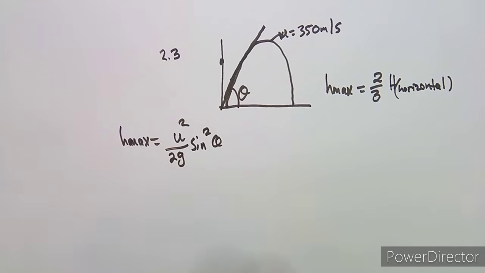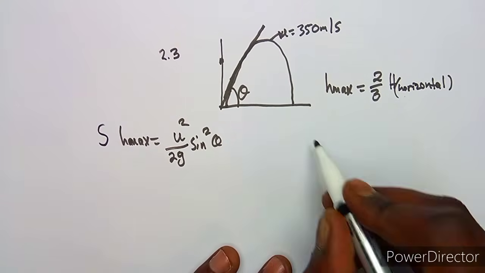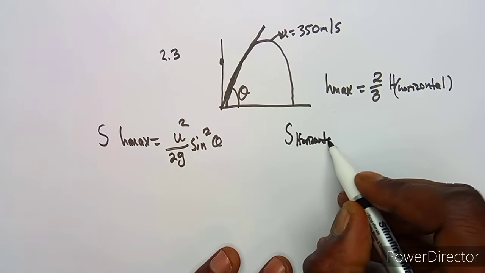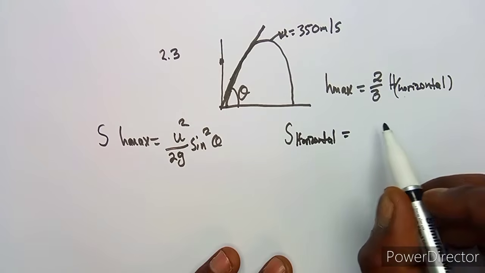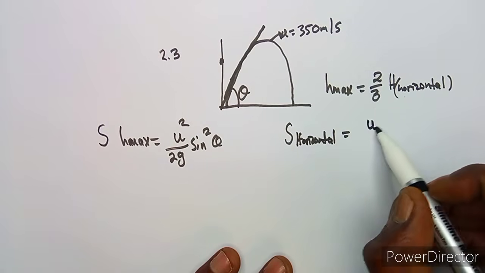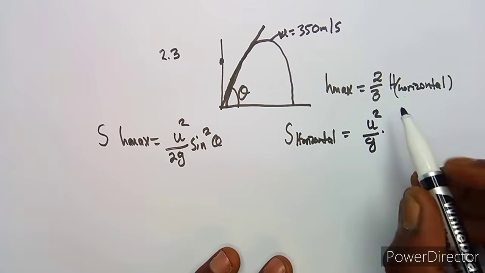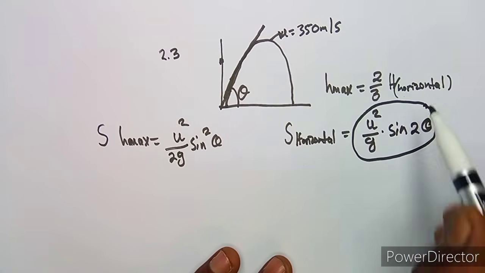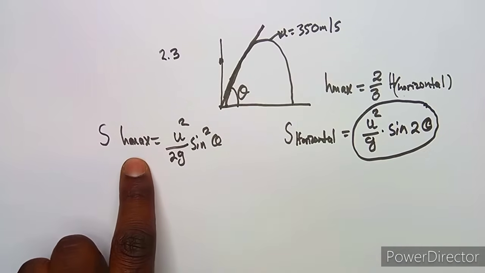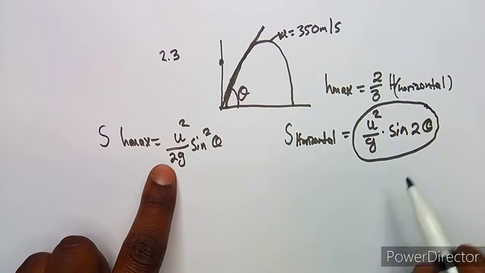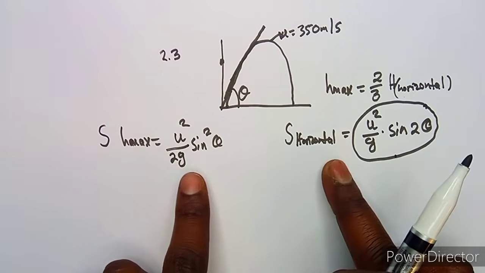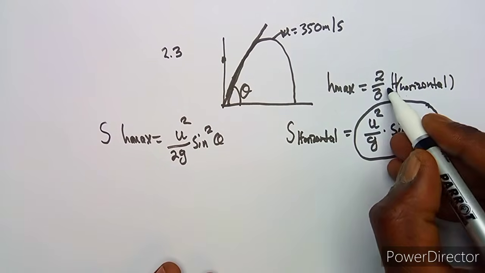Then our horizontal distance, you can just put as s, is given by the formula u squared over g times sine 2 theta. So please know how to apply these formulas. This is for the horizontal, when it is a maximum. They are saying this is equal to 2/3 of this. This is your maximum height, and this is your horizontal distance. So we are going to equate these two by 2/3.